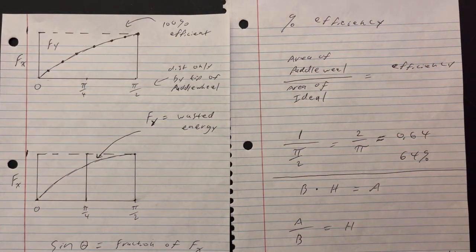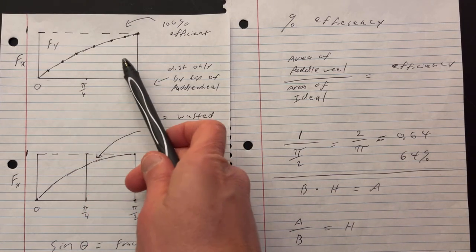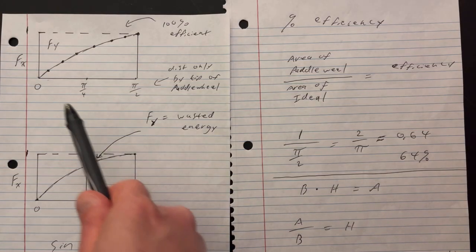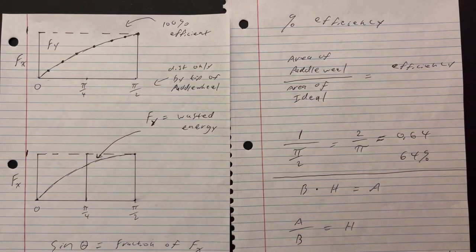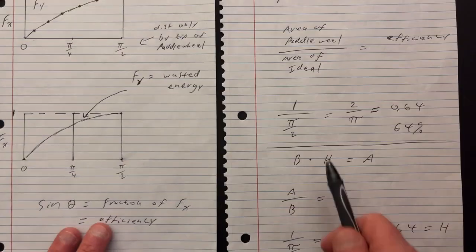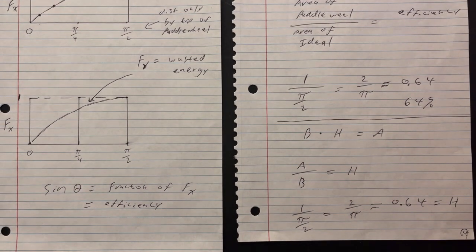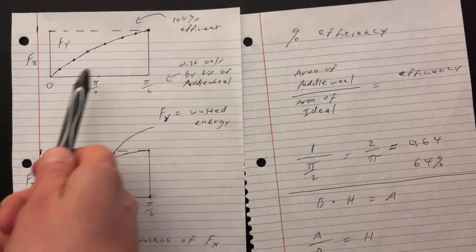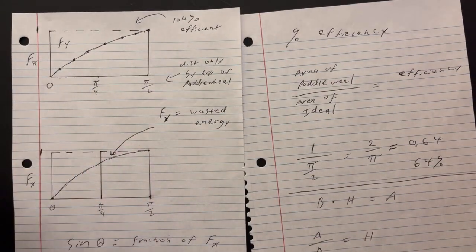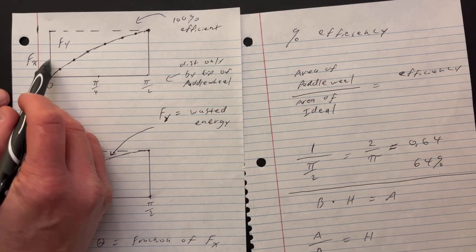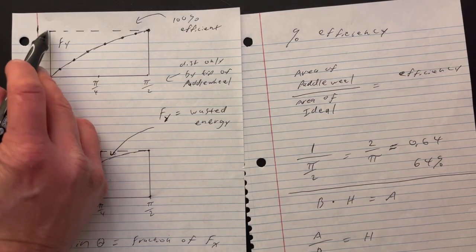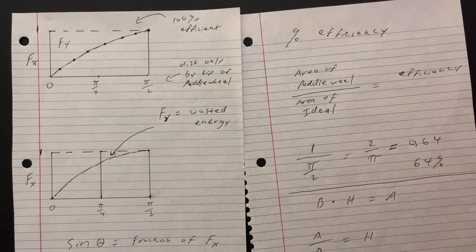Now that we have our rectangle, we can take the base times the height of the rectangle to get the area. We know the area of our Play-Doh mound right here is 1. We know the base is pi over 2. So base times height equals area, which means area over base equals your height. And that gives us our 64%, which means if you were to squish this mound of Play-Doh or modeling clay or whatever down, you'd have a horizontal line right at the 64% mark compared to the 1 right there on the y-axis.